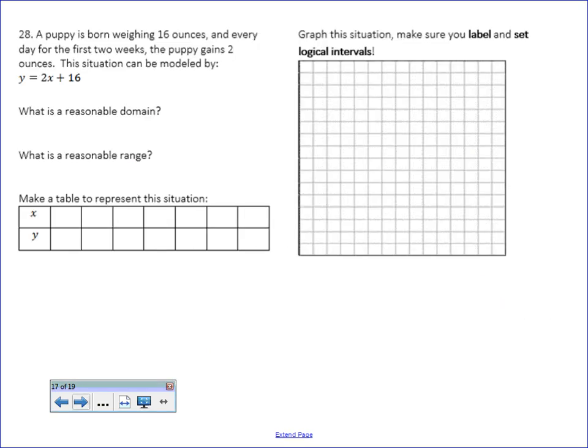All right, a puppy is born weighing 16 ounces, and every day for the first 2 weeks, the puppy gains 2 ounces. This situation can be modeled by the equation y equals 2x plus 16. But what is a reasonable domain? So now we're asking us to think about what numbers can we plug in that make sense.